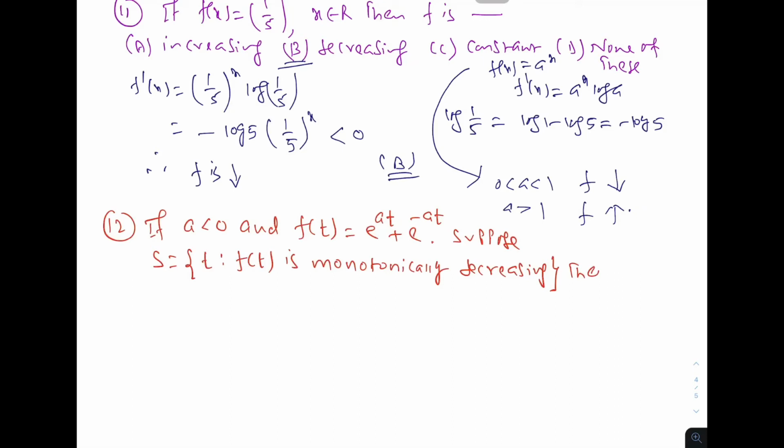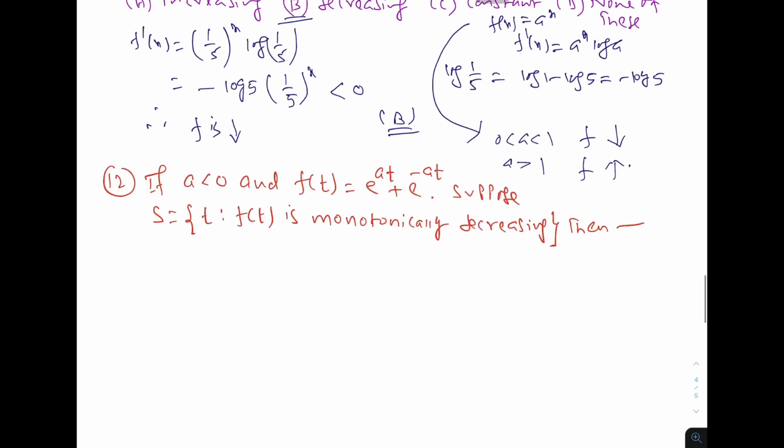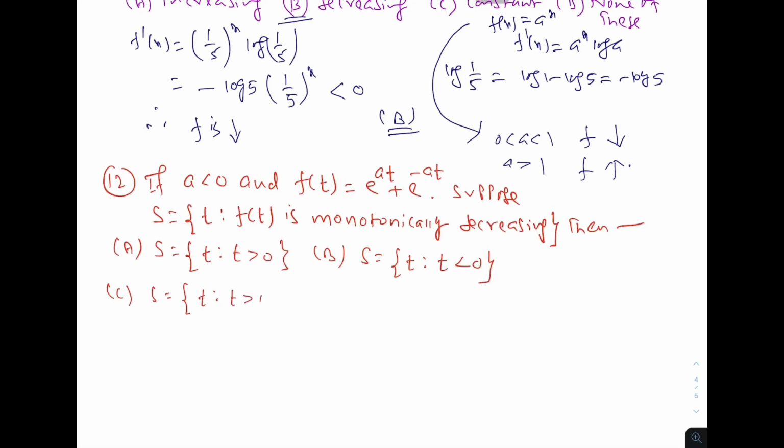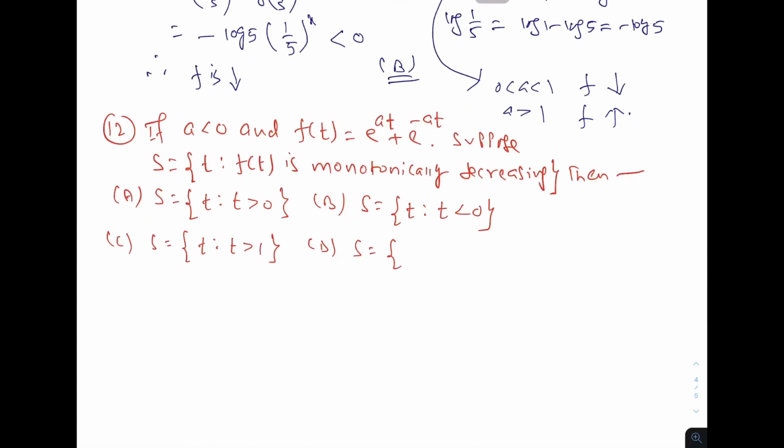So basically we want to find those t where f is decreasing. Options are: S is t such that t greater than 0, S is t such that t less than 0, S is those t such that t greater than 1, S is those t such that t less than 1.